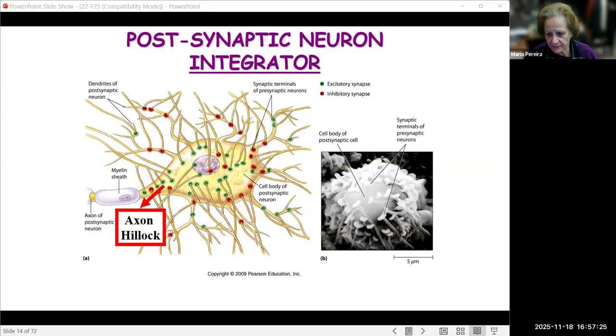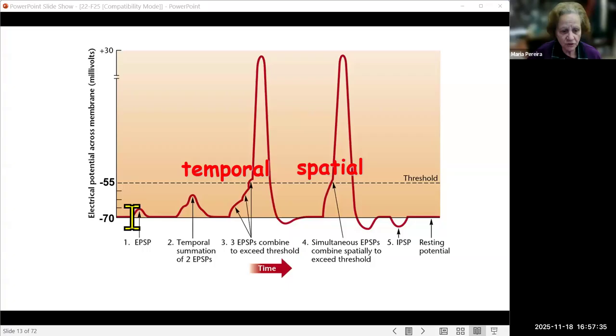So with an EPSP, an excitatory postsynaptic potential, if you only have one EPSP, the change in potential is not strong enough to reach threshold, then nothing happens. Exactly.